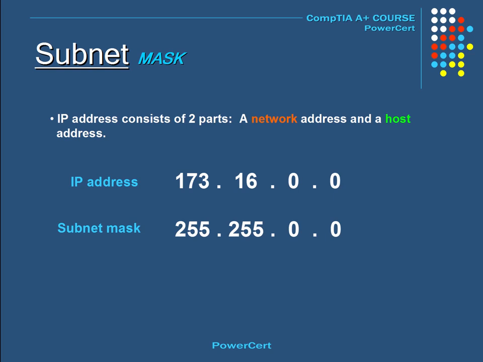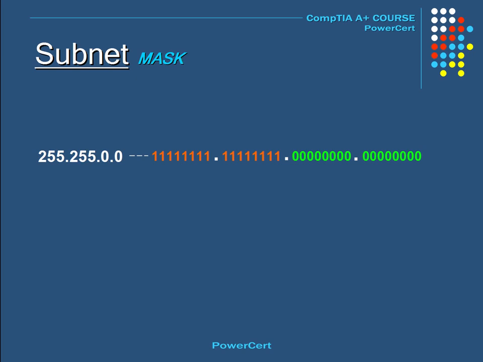So in this subnet mask, the first 2 octets are 255. So if we were to look at this subnet mask in binary form, the first 2 octets would be all ones, because when you count all the numbers in an octet, it will equal 255. Now let's go ahead and add our IP address with its binary form.